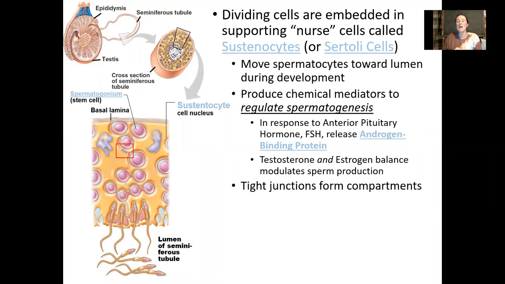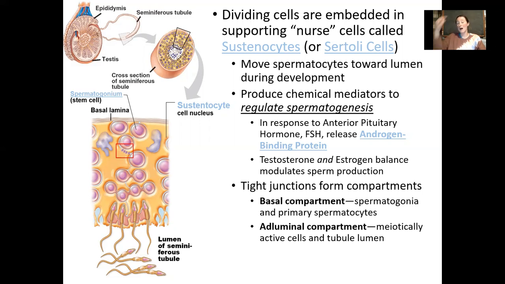That would be super bad. Here, these tight junctions essentially separate the superficial side of the seminiferous tubule, so around the edge here, from the innermost portion, the deeper portion of this tubule. And this compartmentalization of the seminiferous tubules is really important.